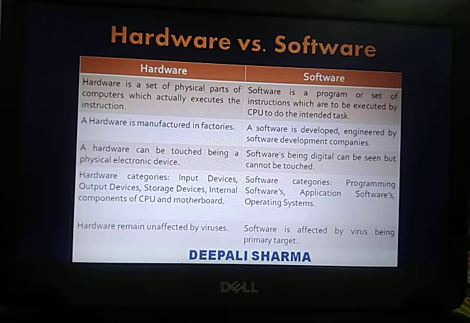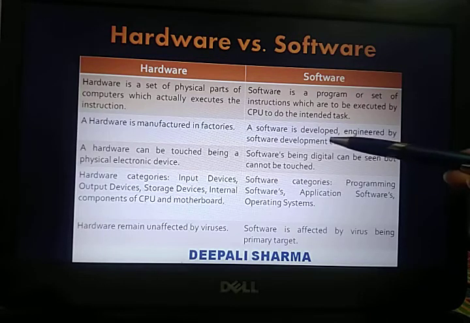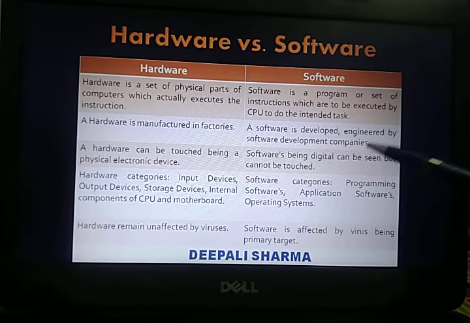All the hardware parts are manufactured in factories, but software is not manufactured in factories. Software is developed by engineers or software developers or software development companies. Different software is made by software developers, and different companies are there that develop software.